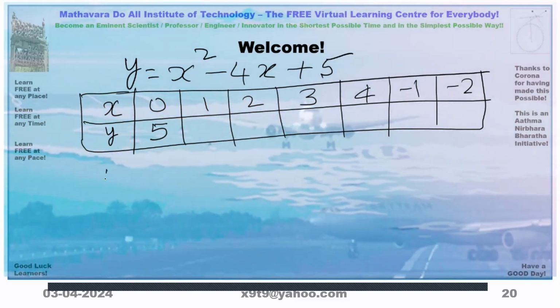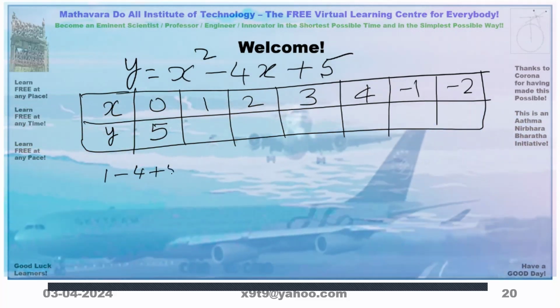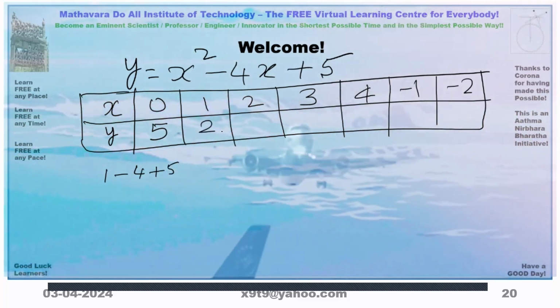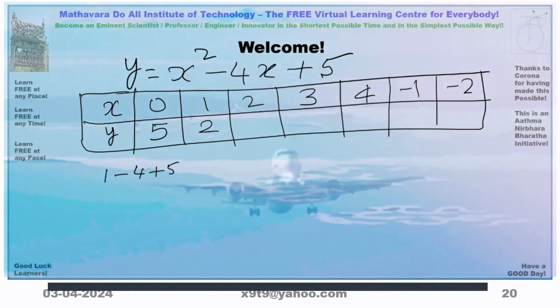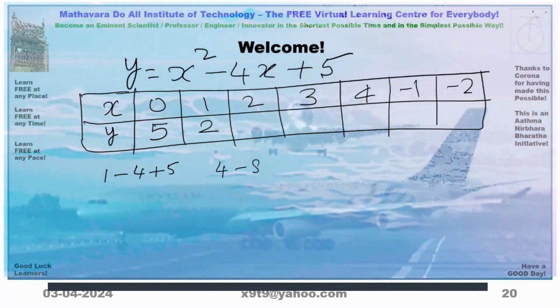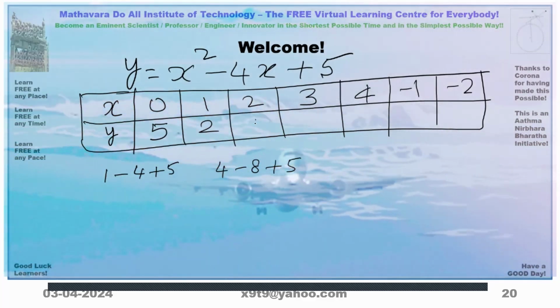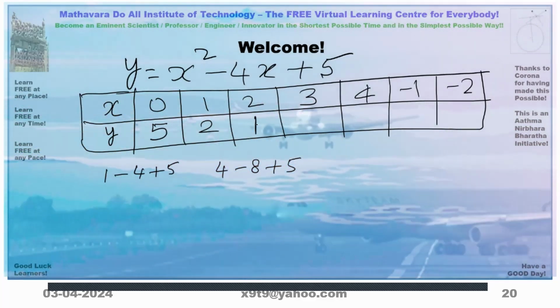1 means 1 minus 4 plus 5. So you will get 2. If you substitute 2, it is 4 minus 8 plus 5. So you'll get 1.